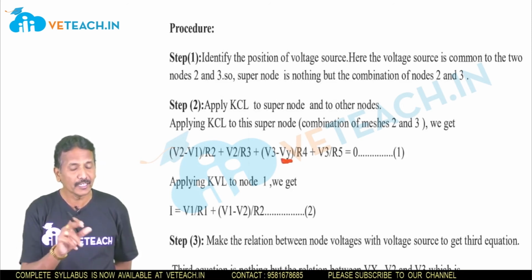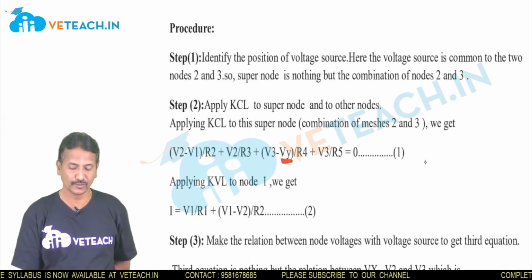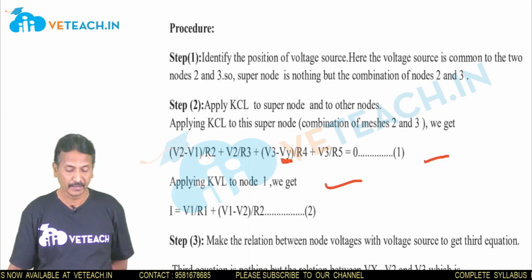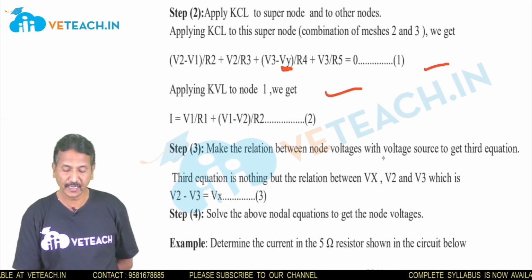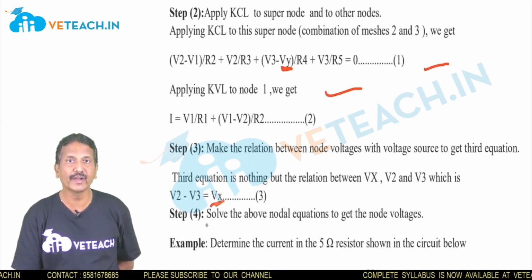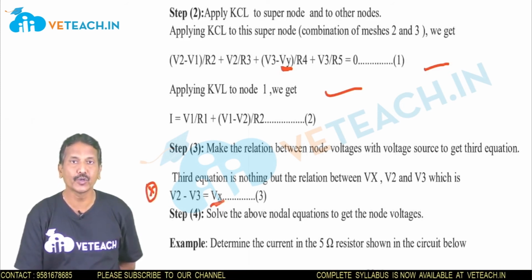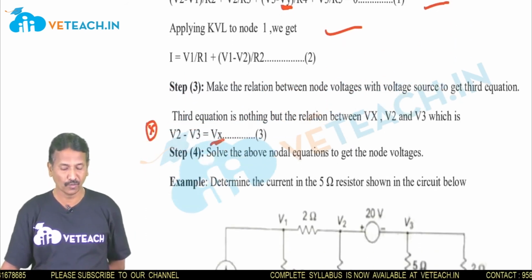Vy is nothing but a difference of two voltage sources. So this is equation number 1. And for mesh 1, if you write this, you will get this relation. Make the relations between the node voltages, right? Then Vx is equal to V2 minus V3. This is very important in super node analysis. Now solve the above nodal equations and get the nodal voltages.